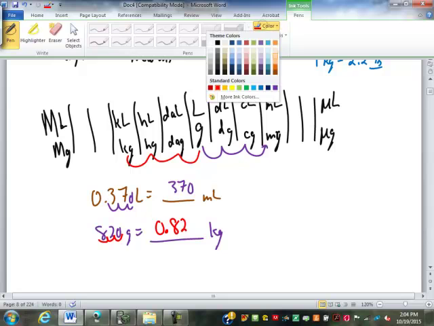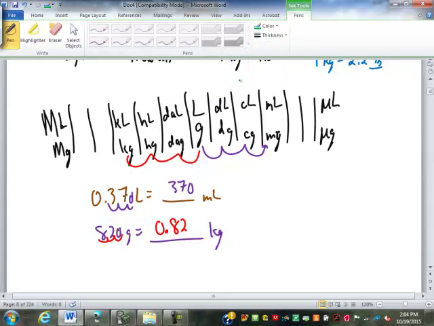kilograms. Now, one of the really nice things about the metric system, we talked about this before, is that the metric system was planned. 1 milliliter is defined to be 1 centimeter by 1 centimeter by 1 centimeter.